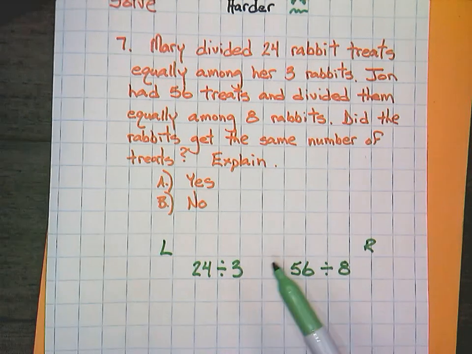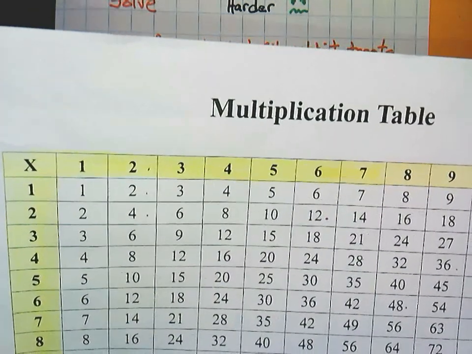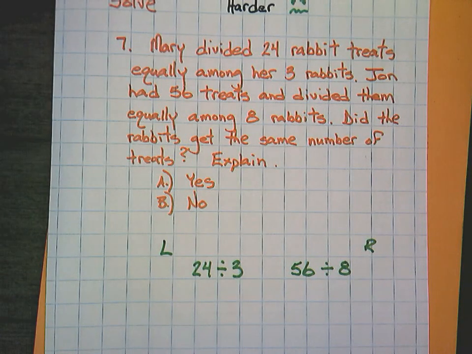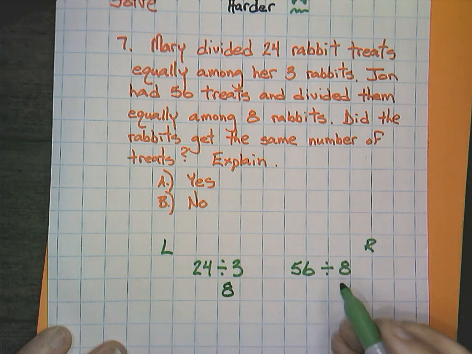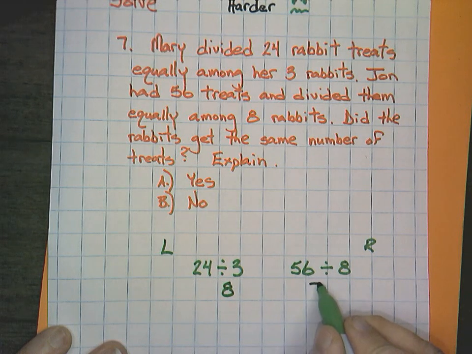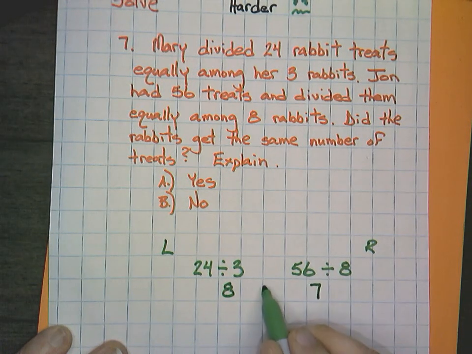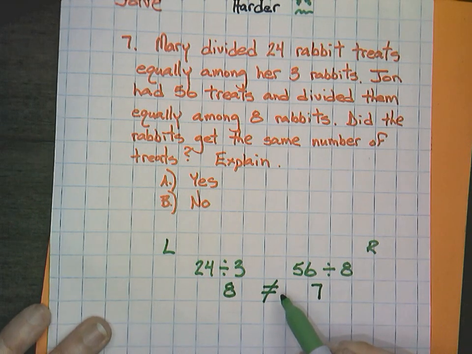24 divided by 3, and remember in previous lessons we said that you could use your knowledge of multiplication. 24 divided by 3 would be 8 here on the left. 56 divided by 8 here on the right is not 8, that would be 7. Therefore, that is not equal.